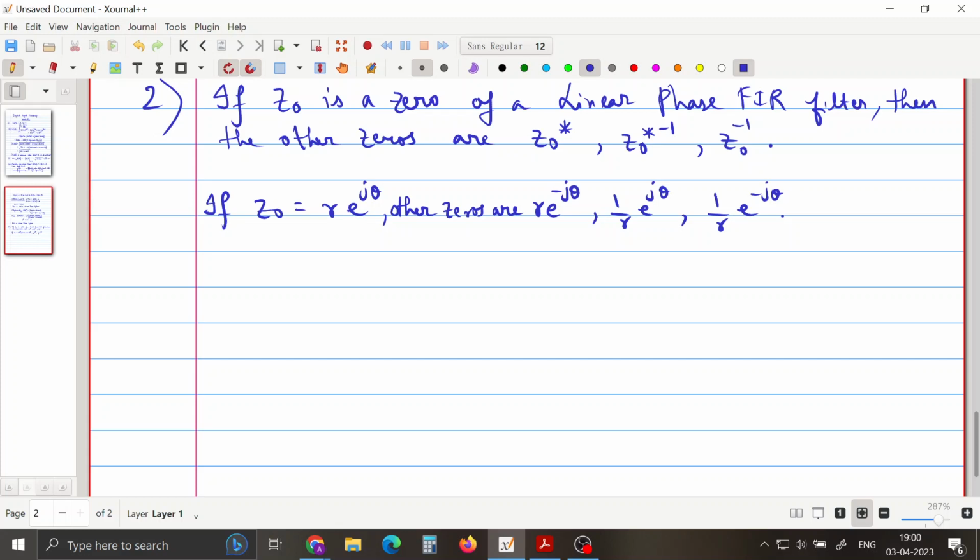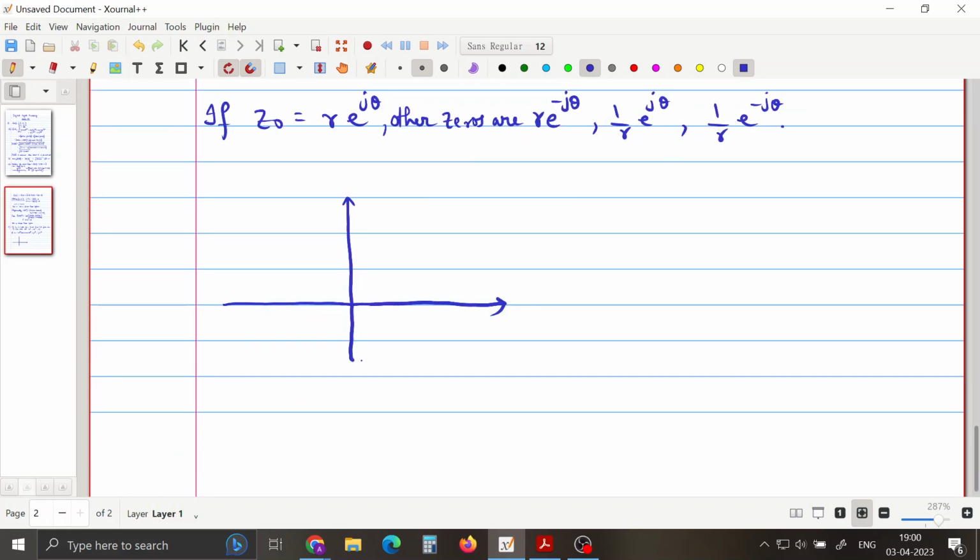So if you visualize it, let this be the unit circle.